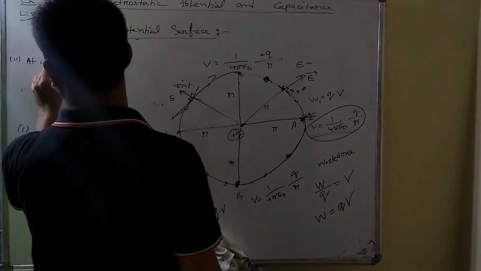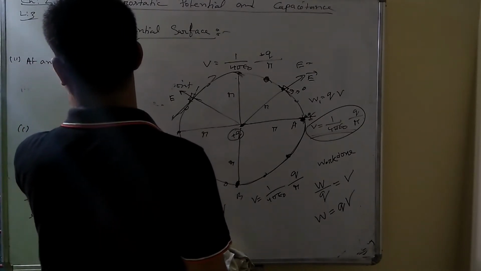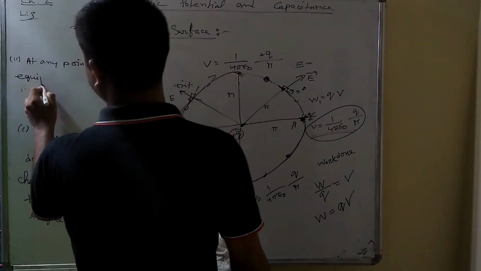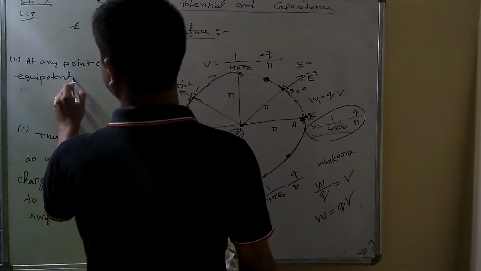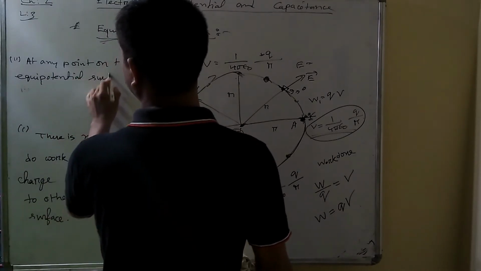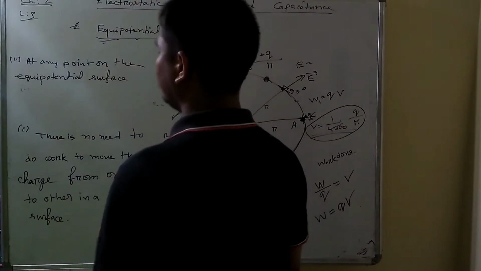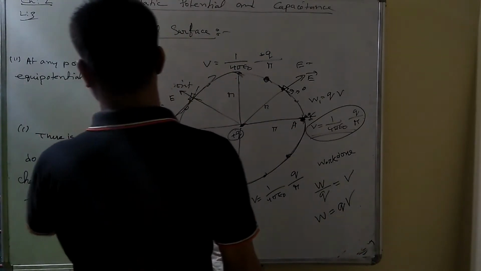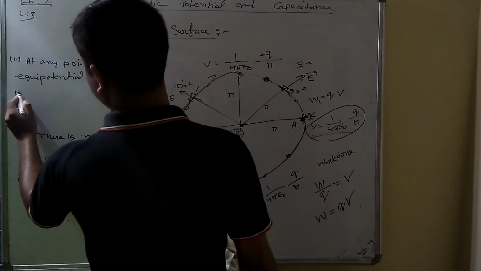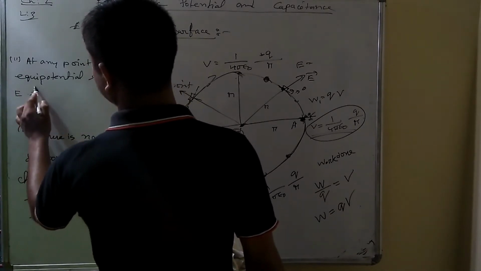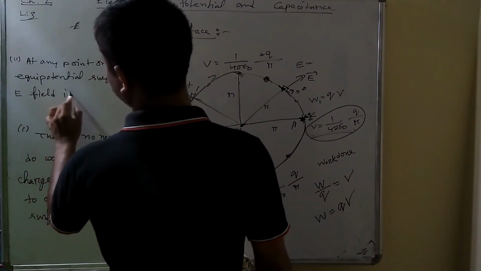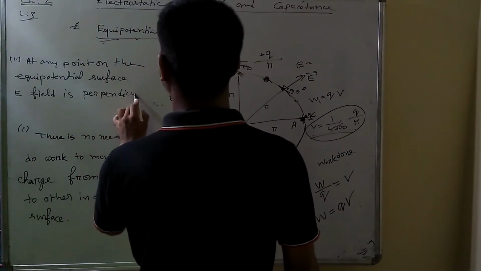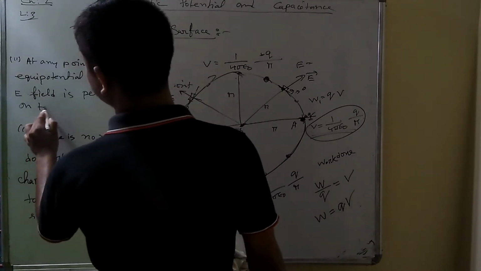At any point on the equipotential surface, the electric field is perpendicular to the surface.